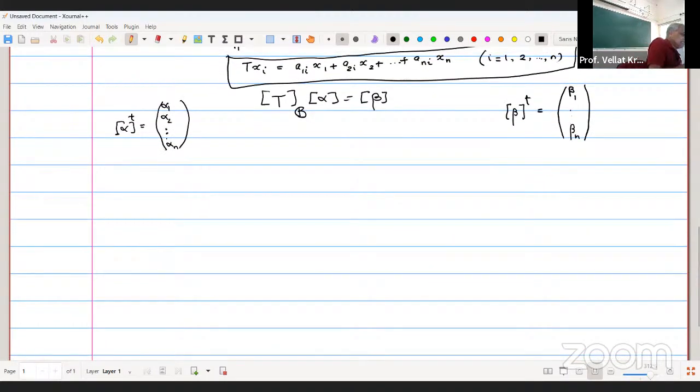And then you will see that this is essentially TB. Let me write here T transpose. This is equal to, by this T, I mean it is the transpose of that, because I have written it as a row vector.